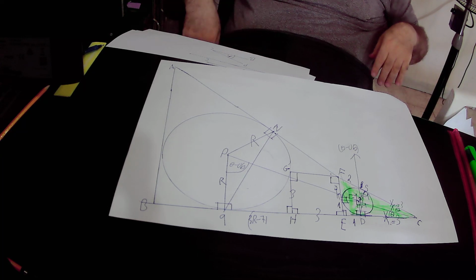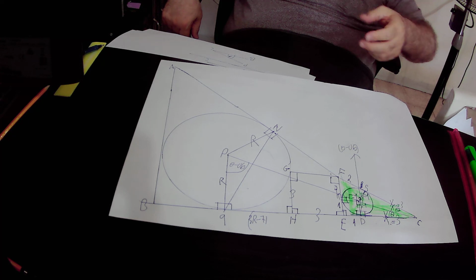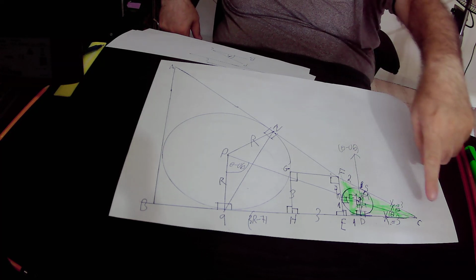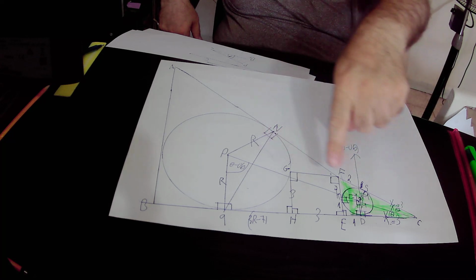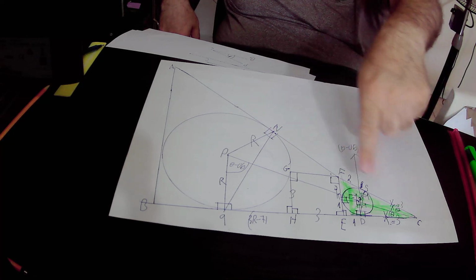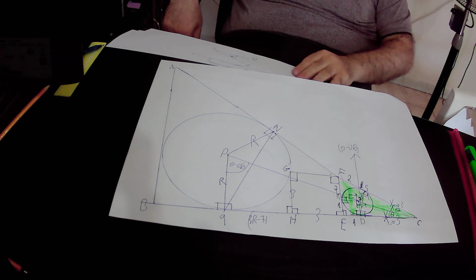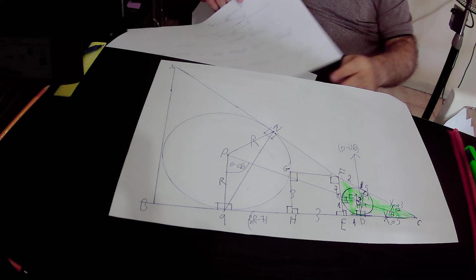Then we claimed that CO, the angle bisector CO, must pass through point P. Okay, here I say it again.